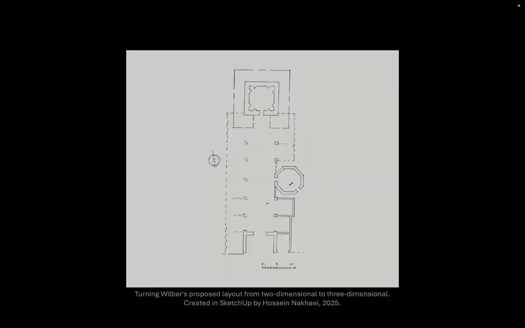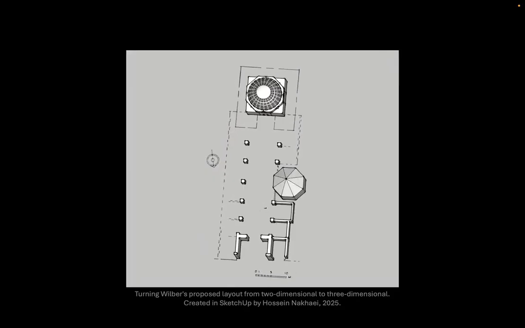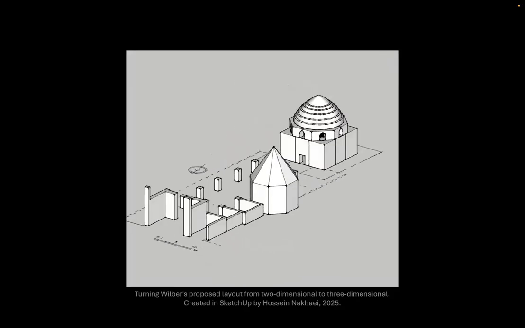To evaluate Wilber's plan, I created a basic three-dimensional model using SketchUp to determine whether his proposed configuration aligns with the visual evidence. The dome chamber was modeled according to its current measurements, while the octagonal tower and entrance portal were reconstructed hypothetically based on his layout.